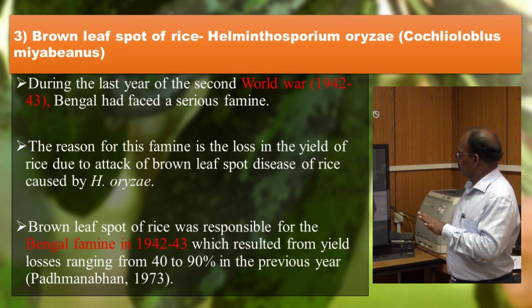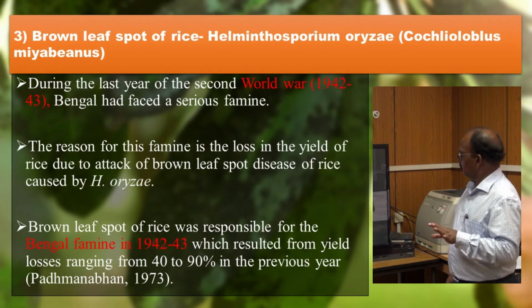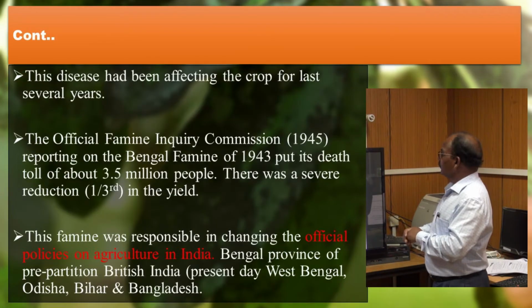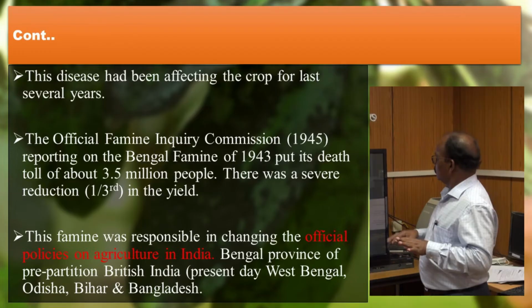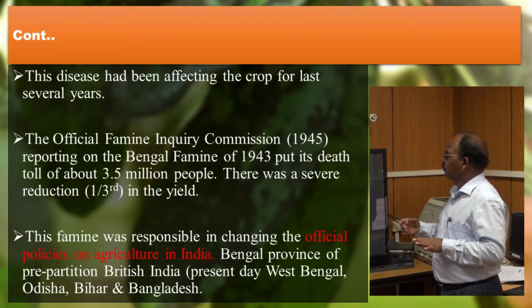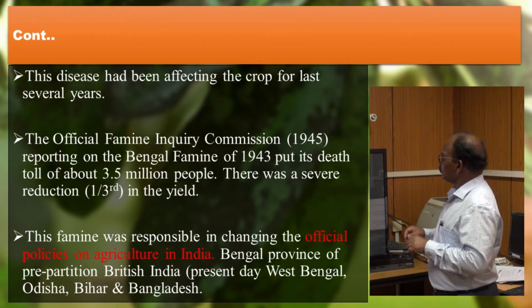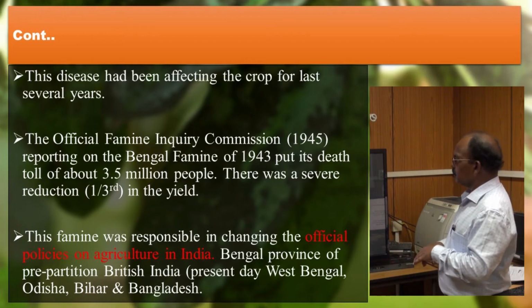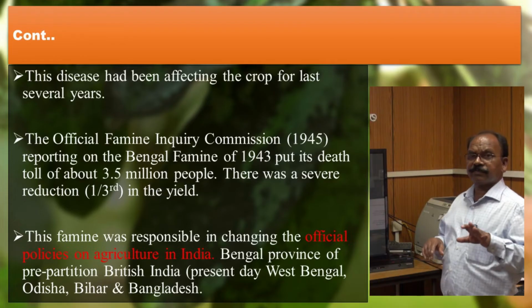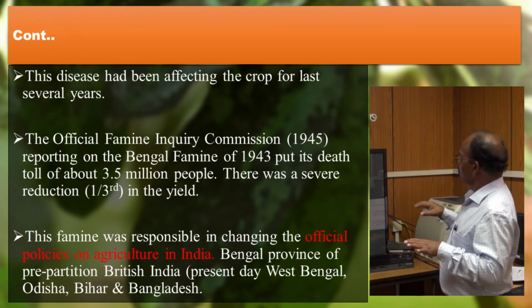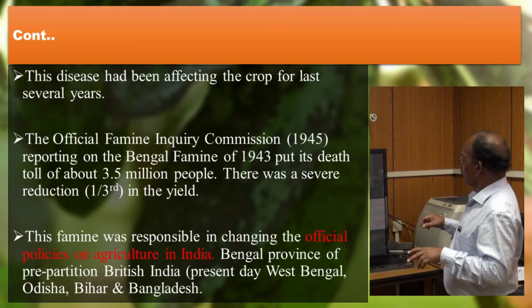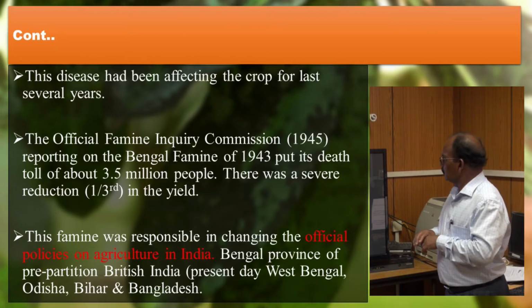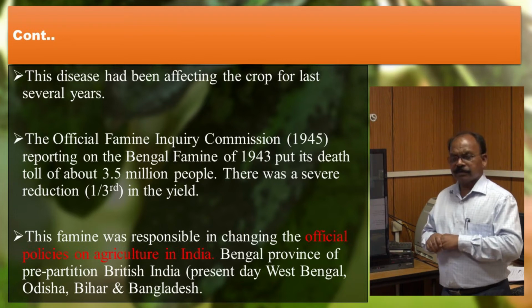Due to this disease, the losses range from 40 to 90%. The disease had been affecting the crops for the last several years. The British India government constituted a committee, the Famine Inquiry Commission, in 1945, and the commission reported that about 3.5 million people died.